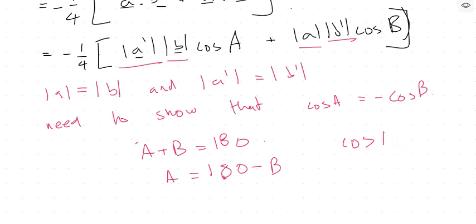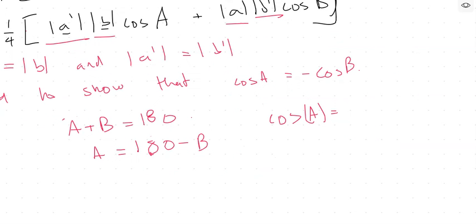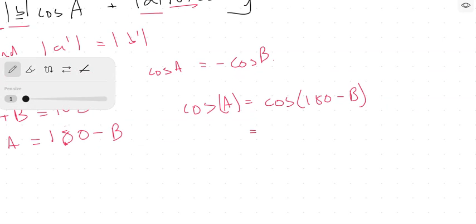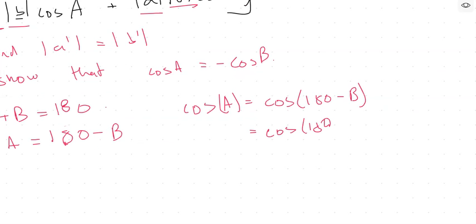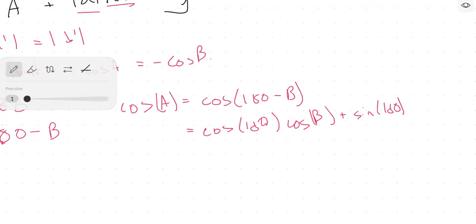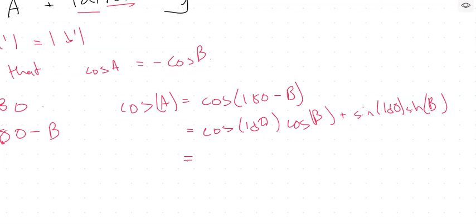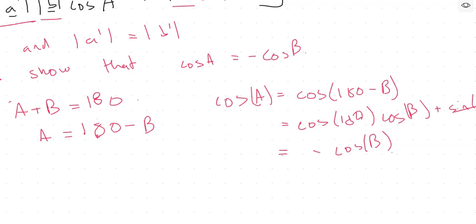So cos of A is equal to cos of 180 minus B, which is equal to cos 180 cos B plus sine 180 sine B. Cos 180 is minus 1, sine of 180 is 0, so cos of A equals minus cos of B. Okay, so we're done.